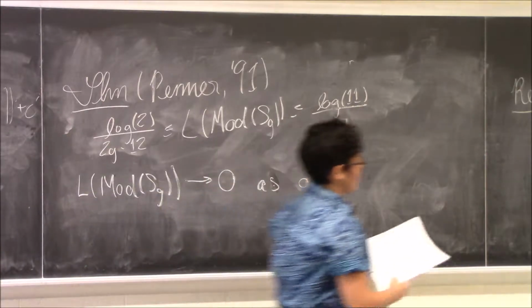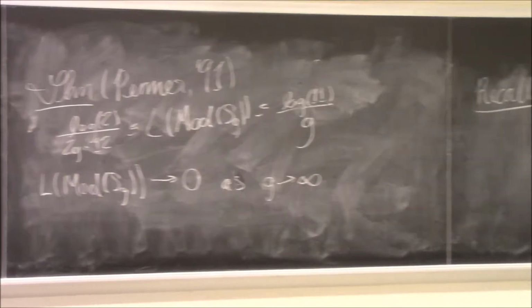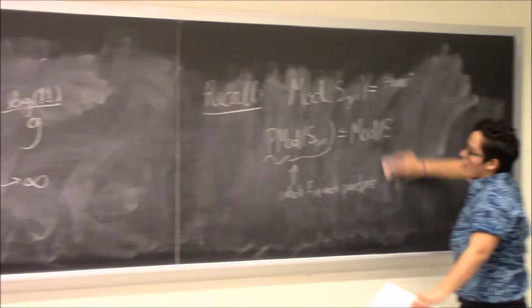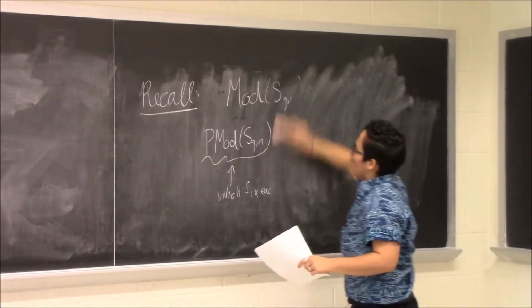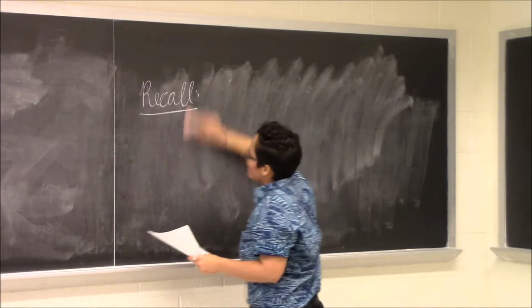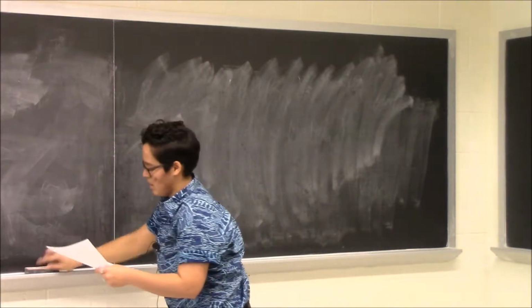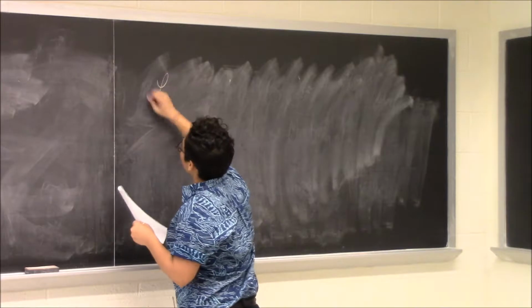What about for a punctured surface? So for a punctured surface, there's a version of this type of theorem by Tsai from 2009. So let me go ahead and write that down.